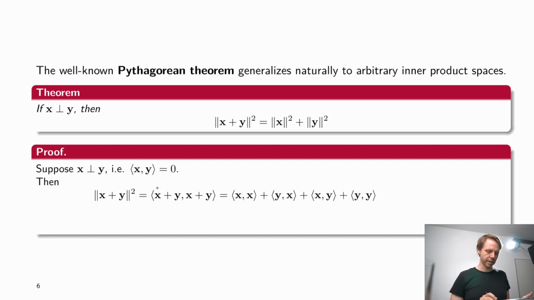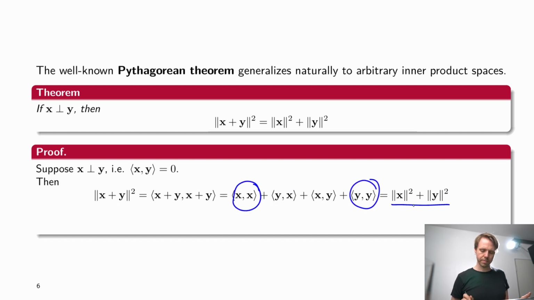But we have the dot product of x with itself, x with y, y with x, and y with y. Now, this is 0, this is 0. So what we're left with is this term and this term, which is equal to the induced norm squared of x plus the induced norm squared of y, proving our theorem.